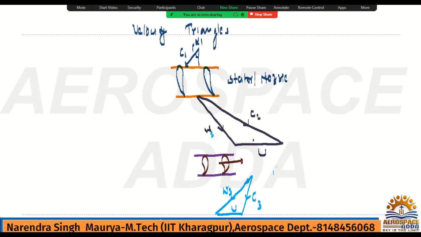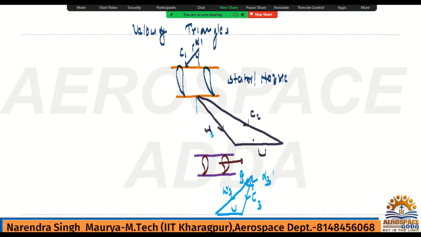From axial this angle will be beta 3, and for C3 this angle will be alpha 3.